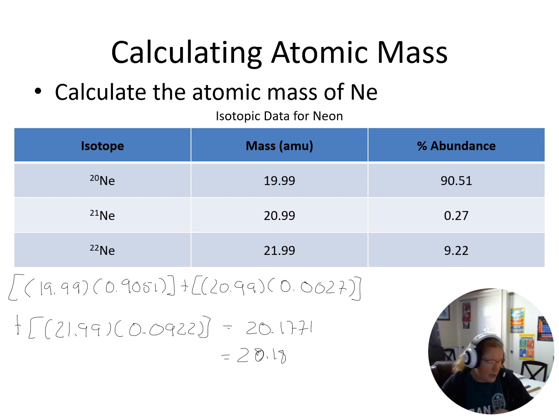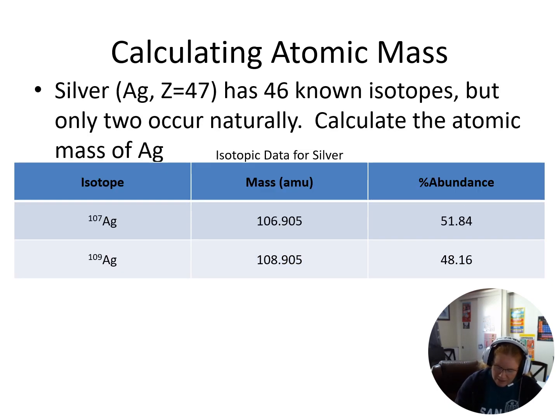Now, if I want to check my work, I can look on the periodic table and go to neon. The mass given on the periodic table for neon is 20.18 atomic mass units. Okay, and let's do one more. Silver 107, silver 109.